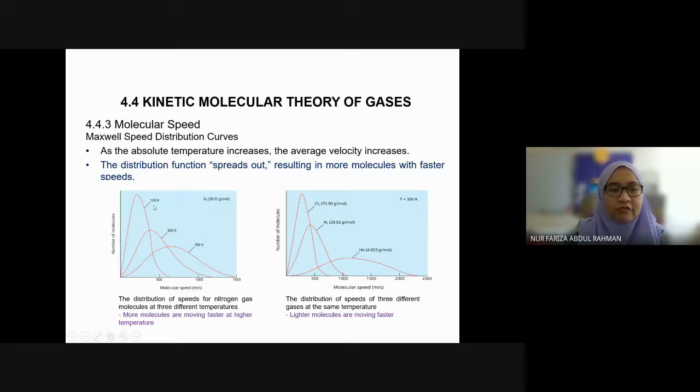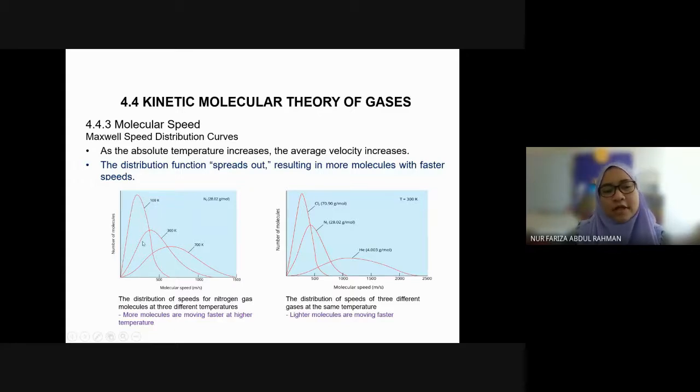And the lowest would be 100K lah. At a temperature of 100K, the speed is lower. The coverage of speed is lower at 100K temperature.